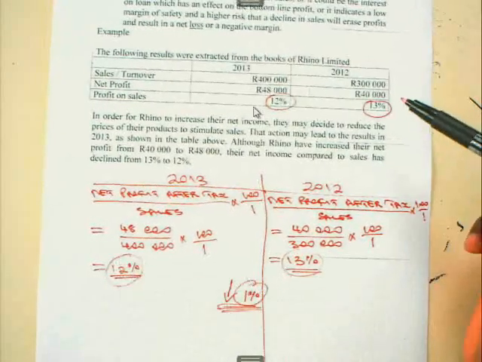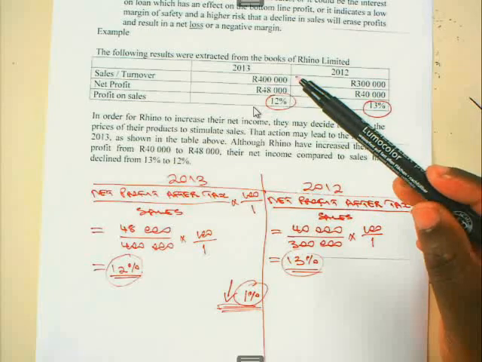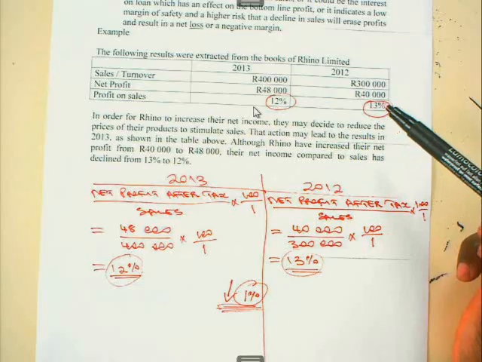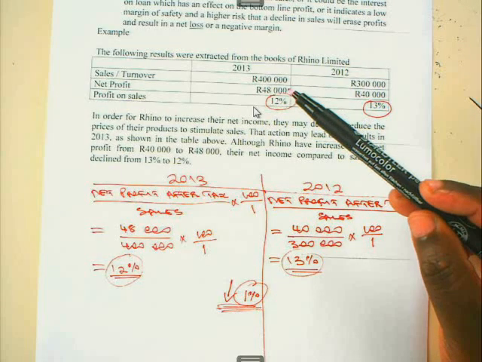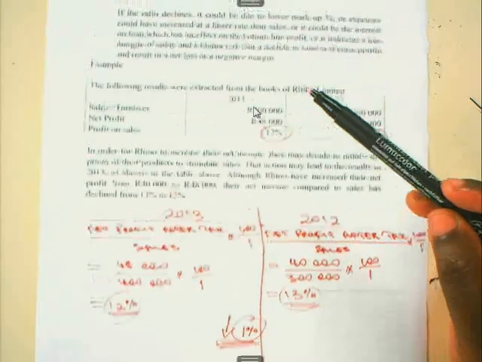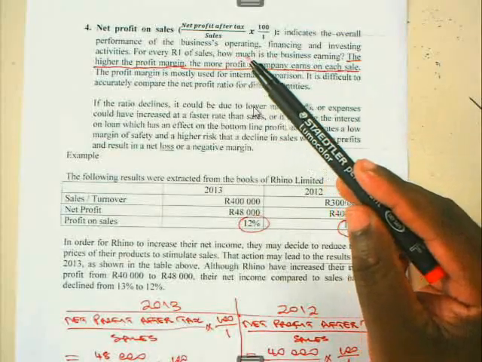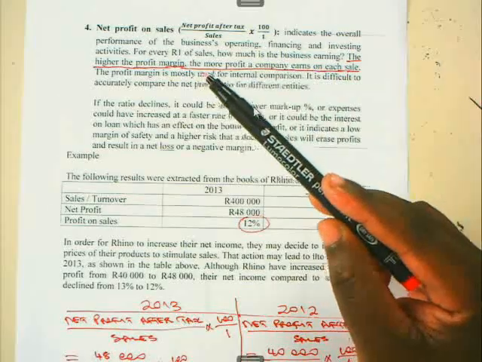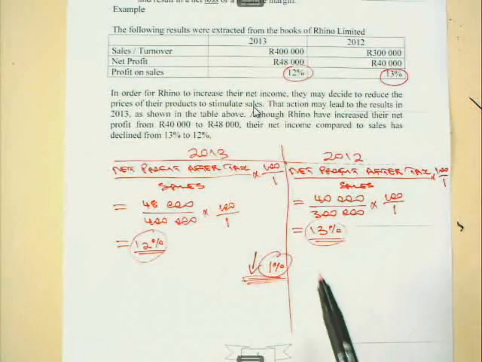Although sales improved from 300,000 to 400,000, and the net profit improved from 40,000 in 2012 to 48,000 in 2013, how much are we earning as a business for every 1 rand of sale? It indicates that whatever we are earning as a business has declined.